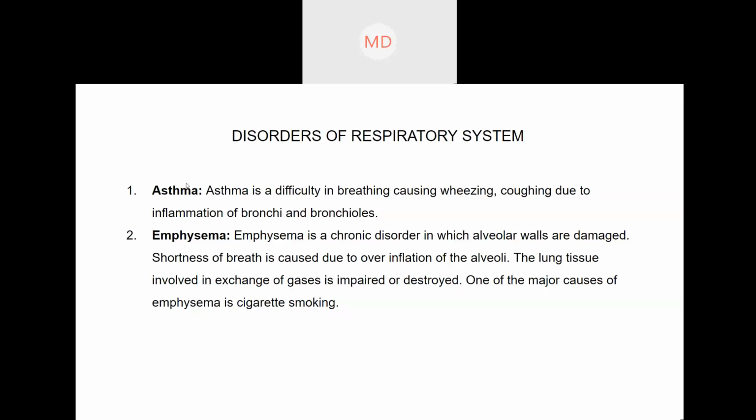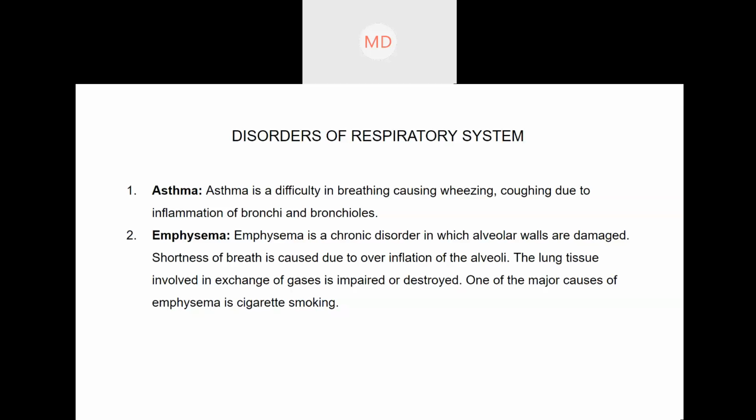Asthma is not a disease that can transmit from one person to another, because it is not caused by a virus or bacteria. Generally, diseases caused by viruses and bacteria transmit.